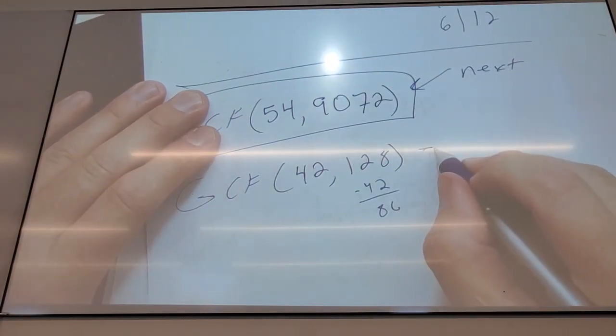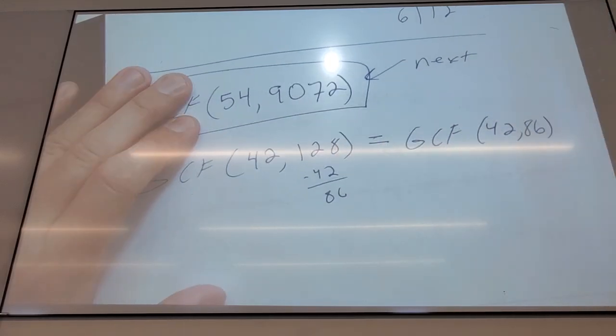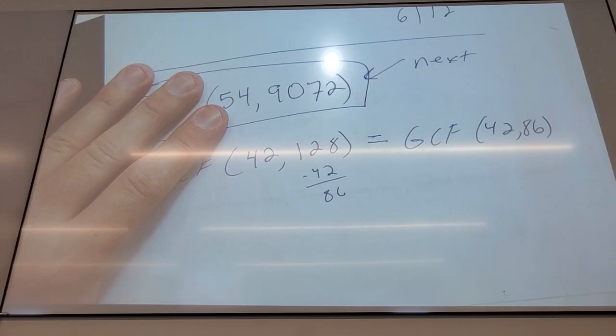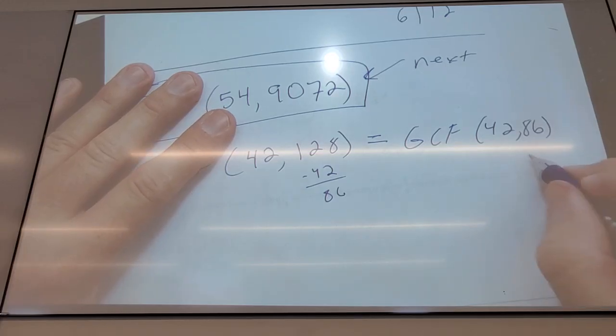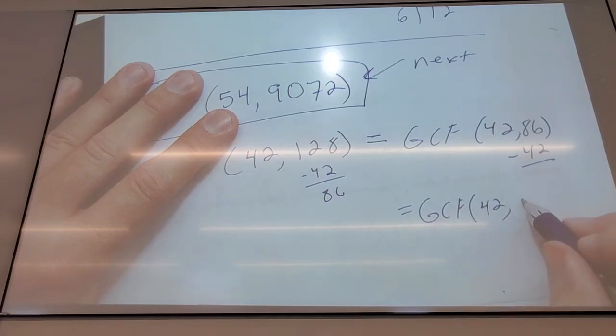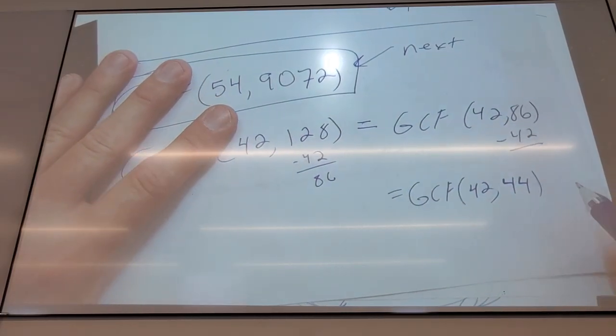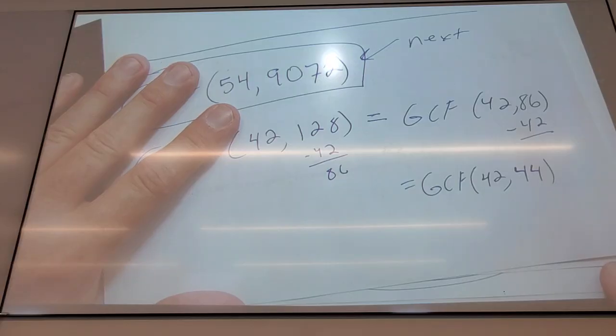So then this equals the GCF of 42 and 86. What do you think I'm going to do now? Do it again. So now if I take 42 away again, what do I get? 44, yes? Are you with me?